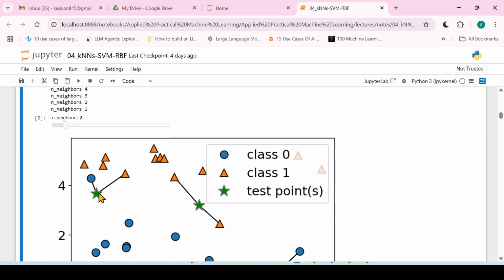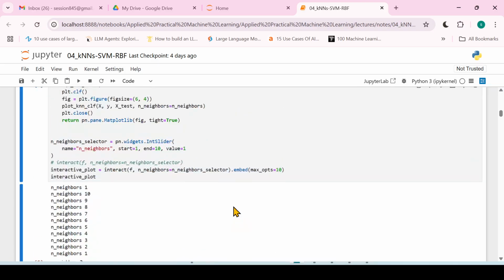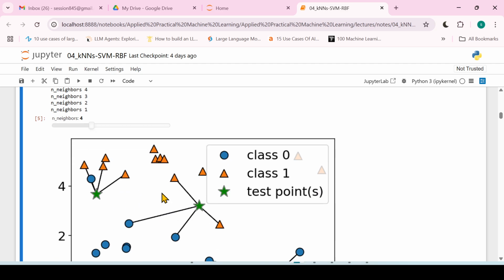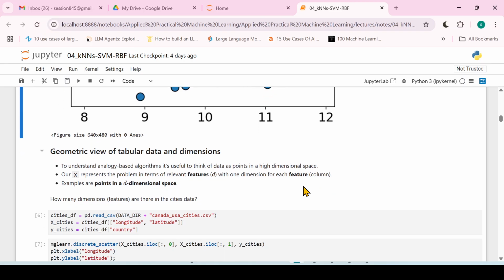The two nearest neighbors for this star are this one and this one, and the same for this star, and so on. Here the number of nearest neighbors is 4. So based on how many nearest neighbors we want, we can reveal all the nearest neighbors to the green stars.